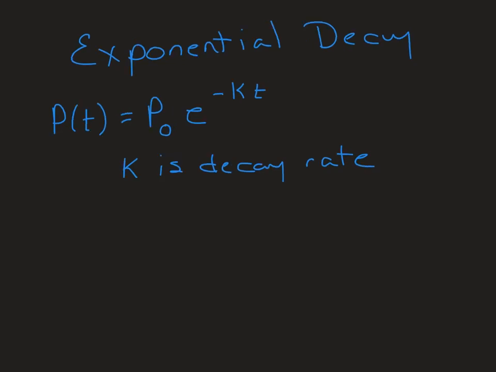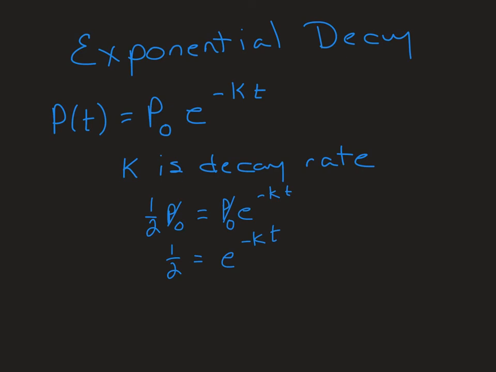Let's just look at how we could get a general expression for half-life. If we took half of the original value, again, we're looking at a decay rate, so this is a negative kt. Again, these cancel out, and we would have 1/2 equals e to the negative kt.